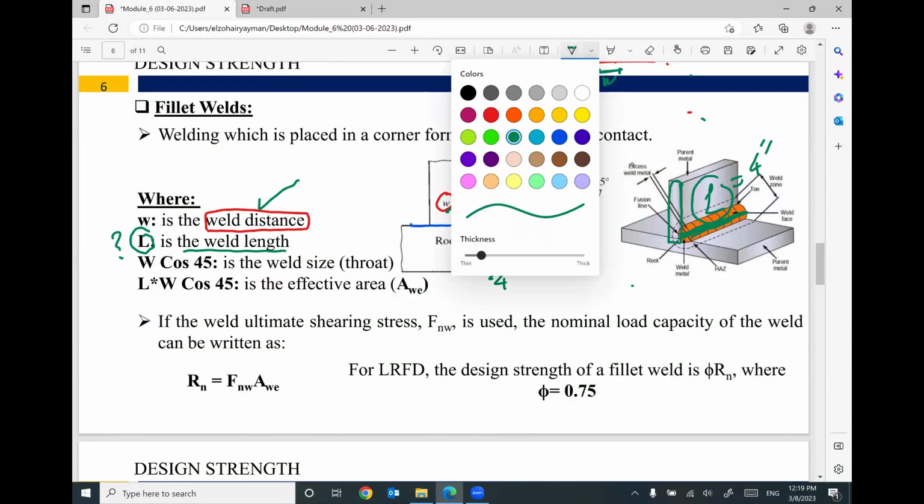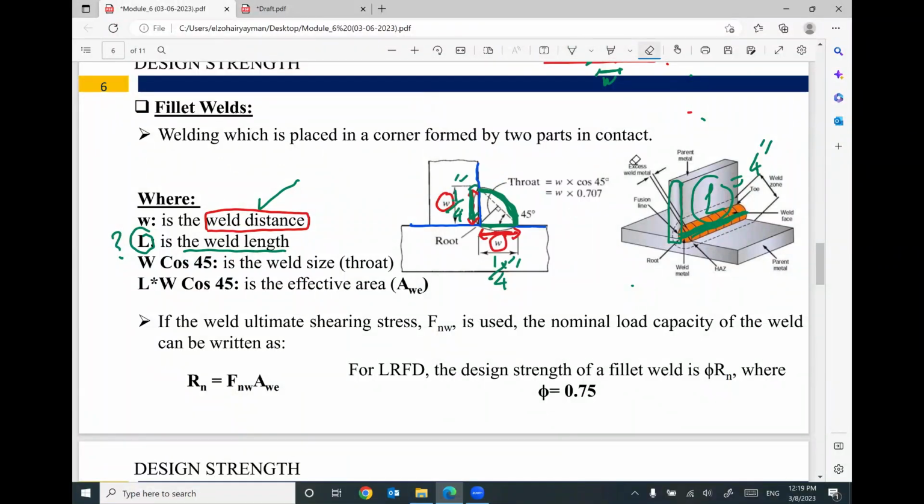But we need to understand something else. Yes, we have W, which is called weld distance, but we have here this distance, which is called the root, or can be called the welding size.